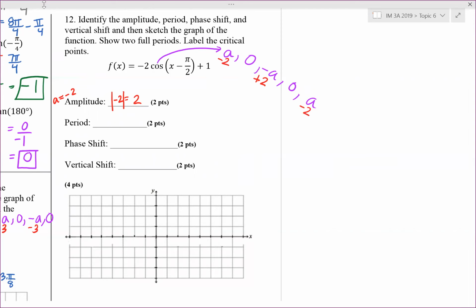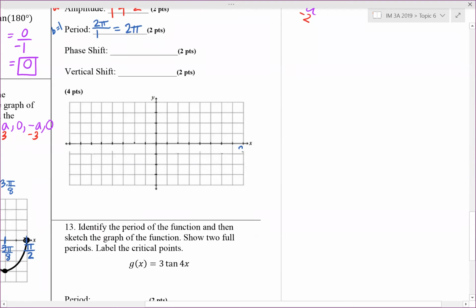Looking at B, since it's missing, remember that that means it's 1. So that means that the period of this is 2 pi over 1. So 2 pi is going to be the last value on our x-axis. So this one's a little bit nicer. So half of 2 pi is 1 pi.